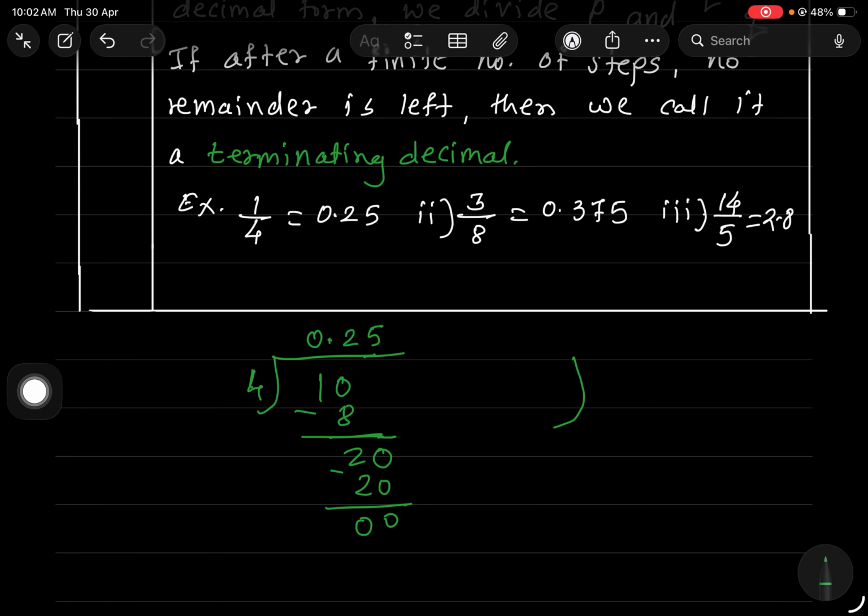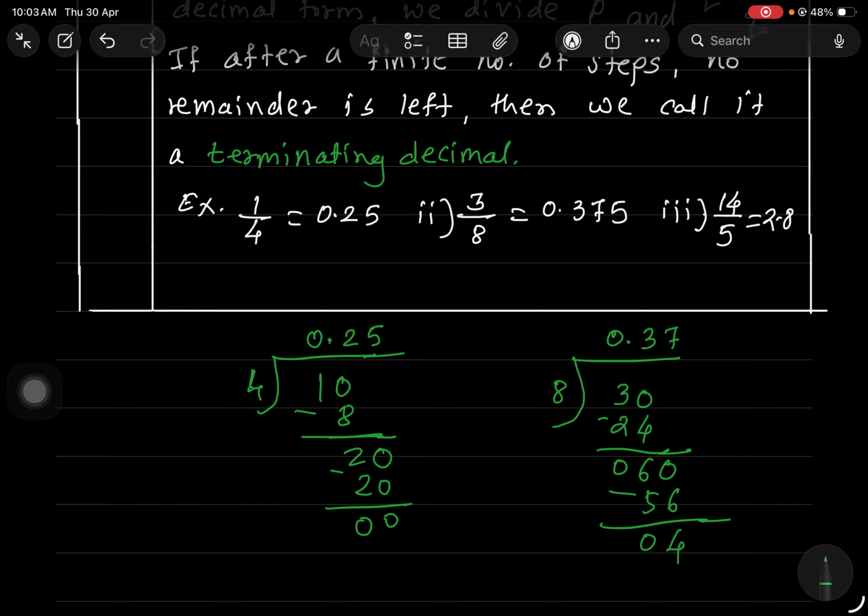Again, if you are dividing like this, 3 is divided by 8. It is not divisible, so you have to give 0. 8 3s are 24, so subtraction gives 6, so again 0. 8 7s are 56, so here again 4 comes, and again you put 0.